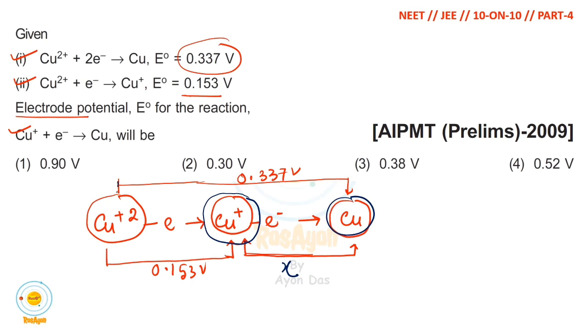During the change from copper plus 2 to copper, the number of electrons lost is 2. So 0.337 multiplied with 2.